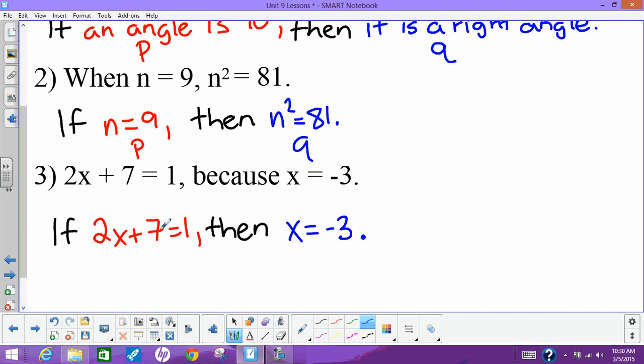So if this 2x plus 7 equals negative 1 is true, then that means x was negative 3. Again, just going to keep showing this. Our conclusion we usually call Q. Our hypothesis we usually call P. And we'll get to using those a little bit more later.